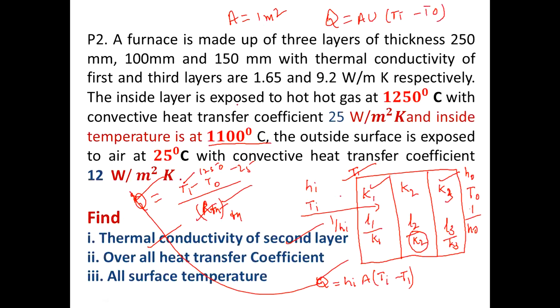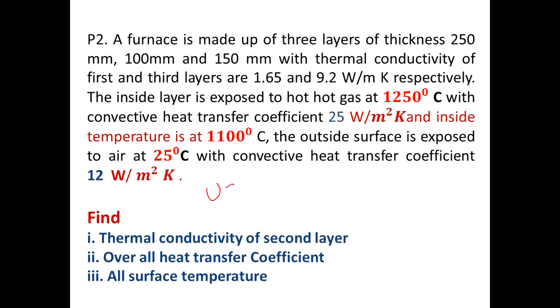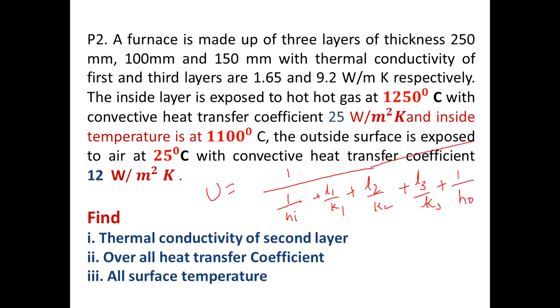Otherwise you can find it from the equation U is equal to 1 upon, 1 divided by Hi plus L1 by K1, L2 by K2, L3 by K3 plus 1 upon H0. This is the overall heat transfer coefficient.